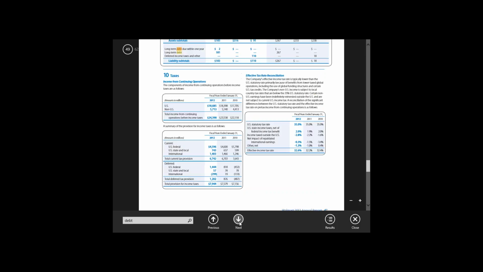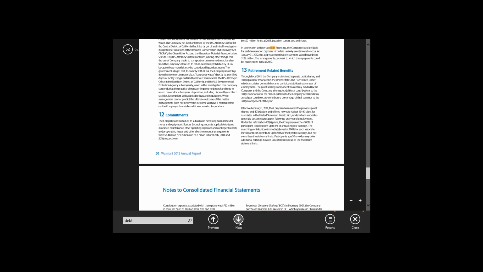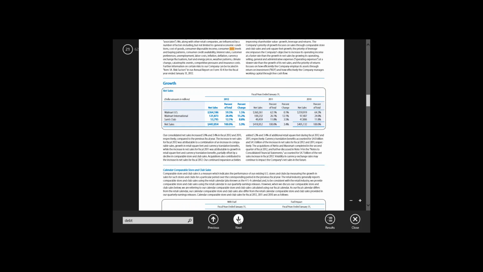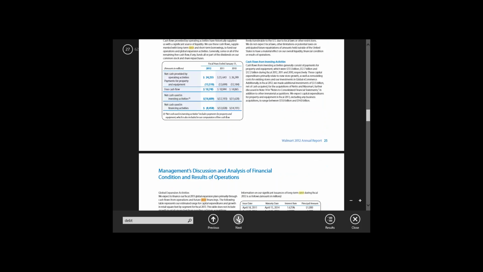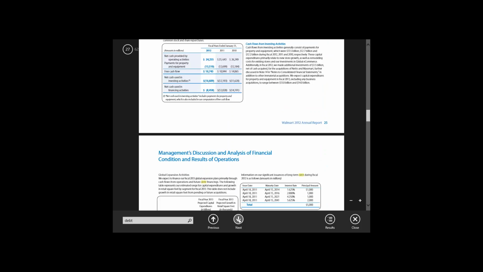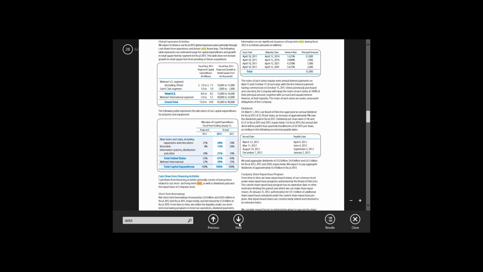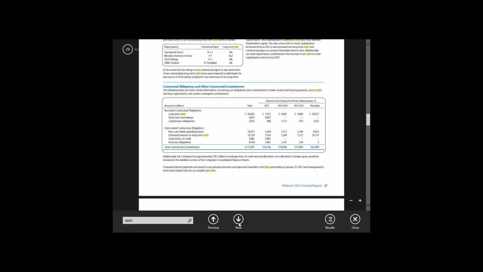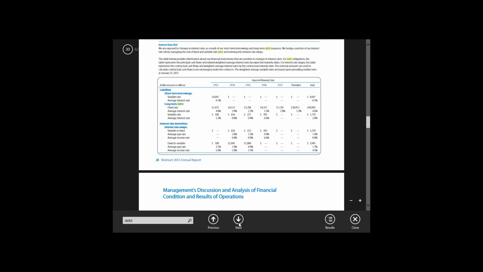No, that's the paydowns. Here. This is a good table of debts, the expected maturity on the debts, and the rates of each.